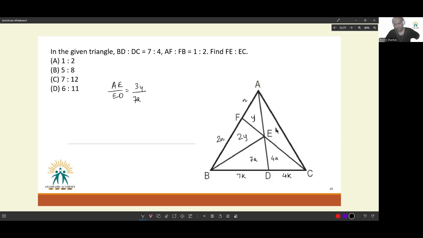So if I say the area here is K, it will be equal to K by 4A. Cancel, cancel. I will get K is equal to 12y by 7.